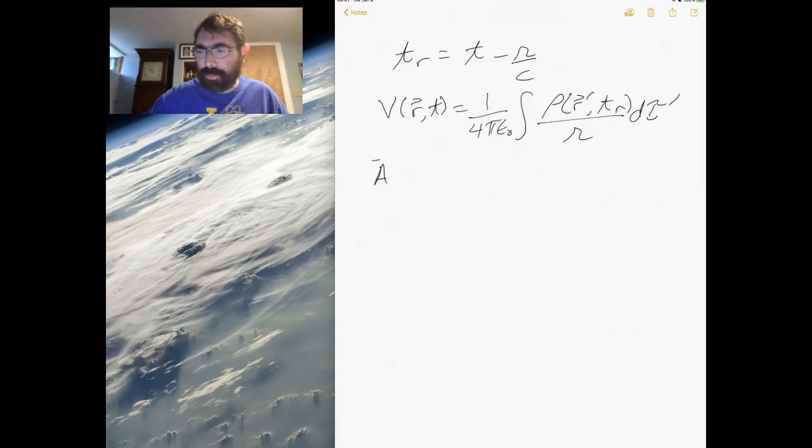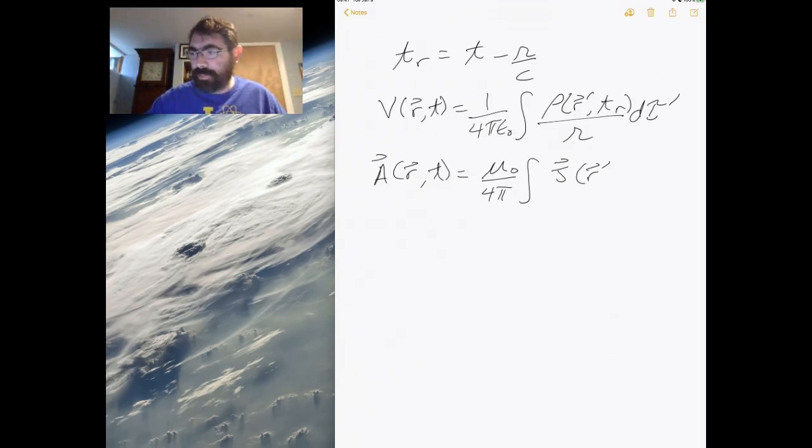And the same is true for the magnetic potential. So measuring the magnetic potential now, I could do that by integrating over the current as it was, like so.